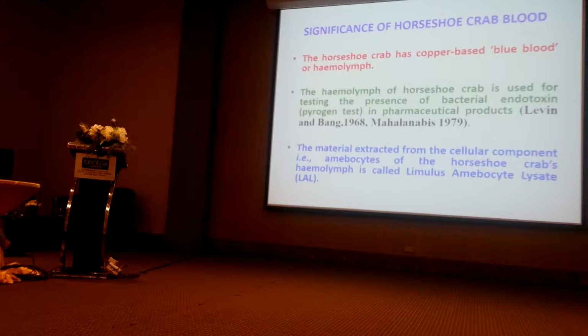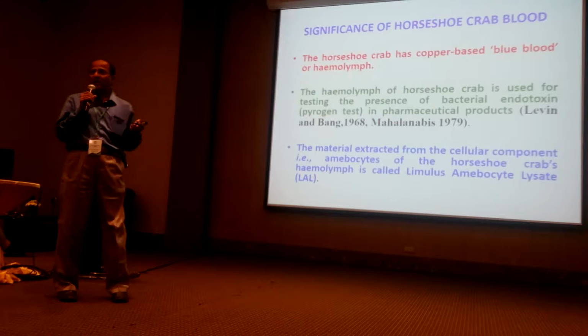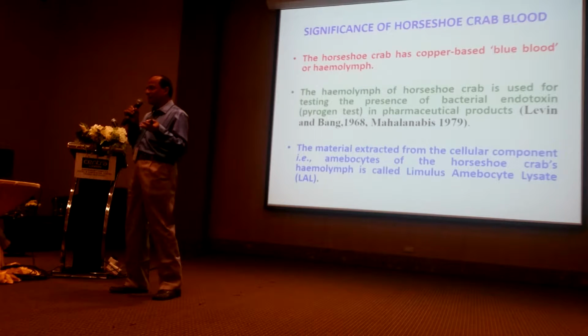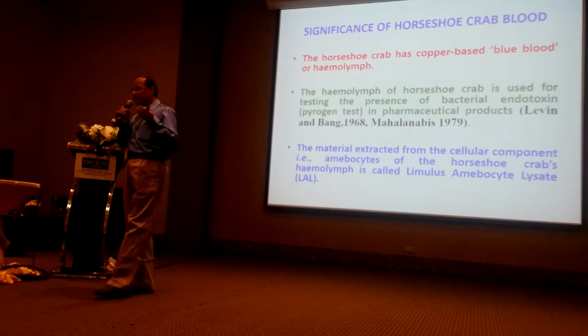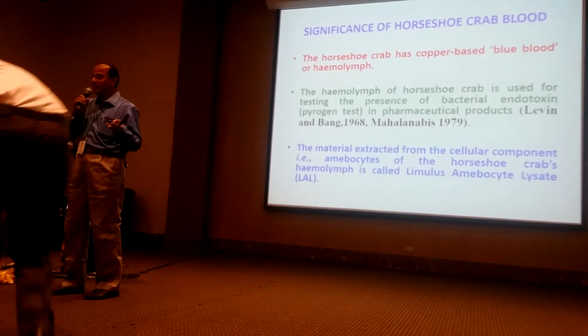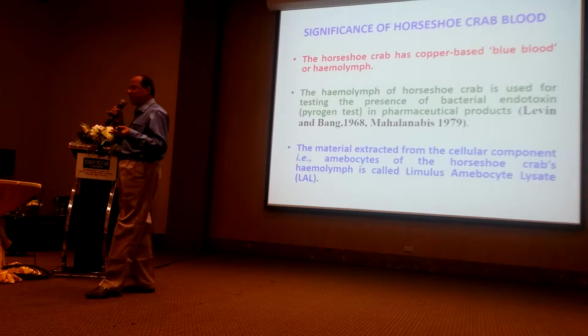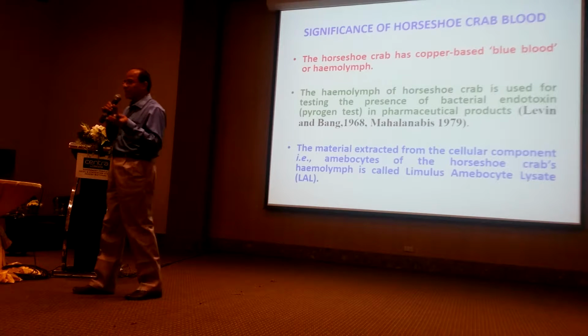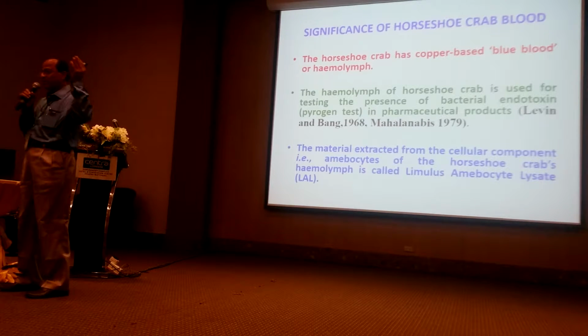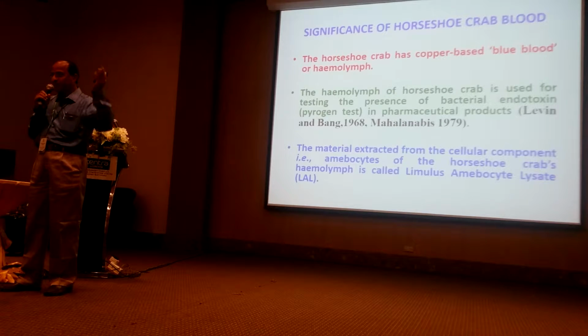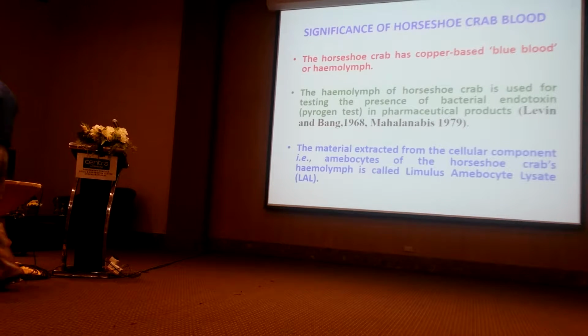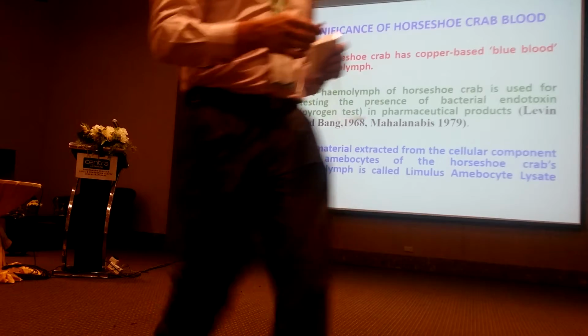And even if we are going to establish the presence of organisms as extraterrestrial life in space, suppose we are interested to know whether bacterial presence is there or not, then this kit has been developed, and NASA has taken that kit to see whether organisms are present in space or not. So that is how this organism is helping.